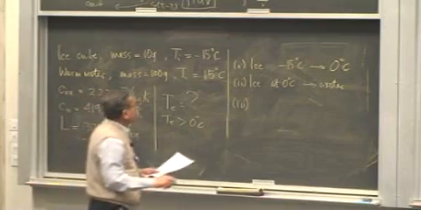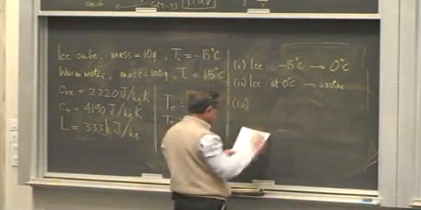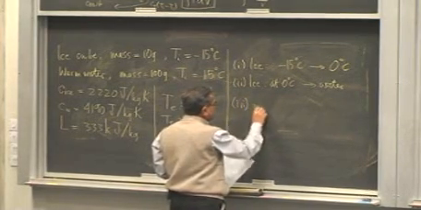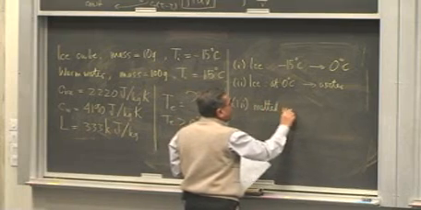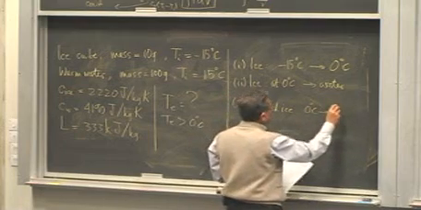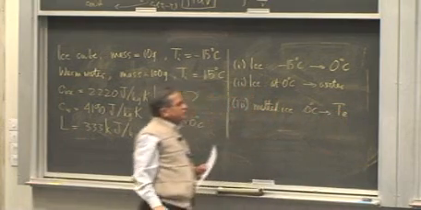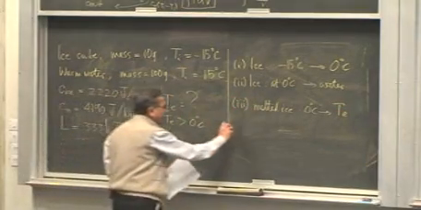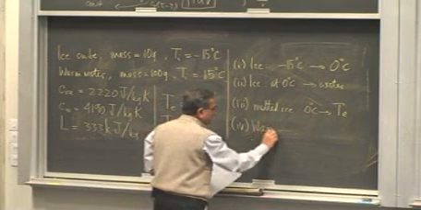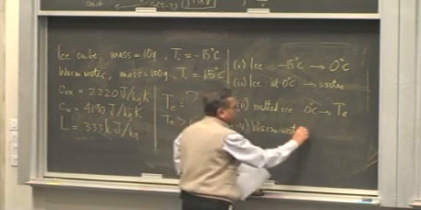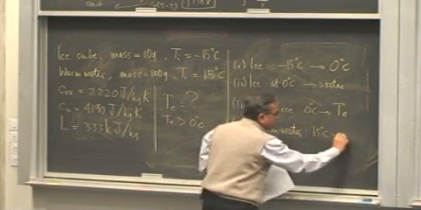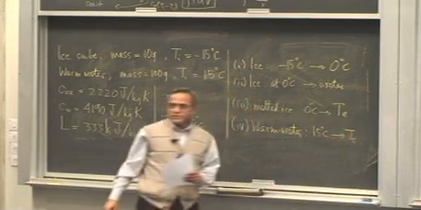Assuming that this is the case, this is the situation in which the melted ice, which is water, goes from 0 degrees centigrade to the equilibrium temperature TE, and the warm water comes down from 15 degrees C to the equilibrium temperature TE.